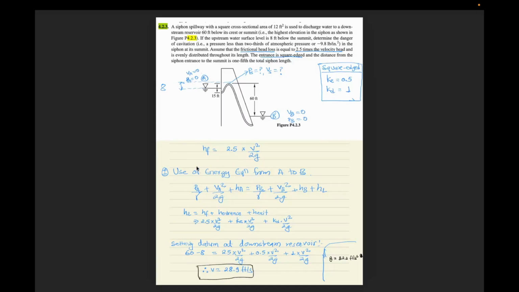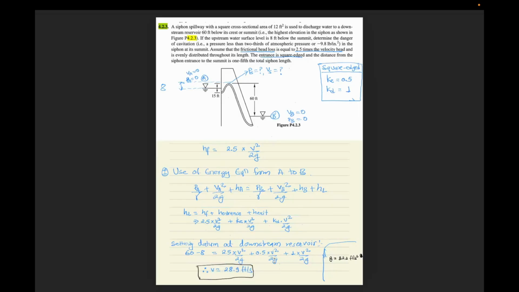Now let us use the energy equation from A to B. That gives us this form, and our head loss will be equal to HF plus H entrance plus exit. So HF is equal to 2.5 times V square by 2G, that means velocity head, and Ke and Kd V square by 2G. So while solving all these, we will have this velocity of 28.9 feet per second.